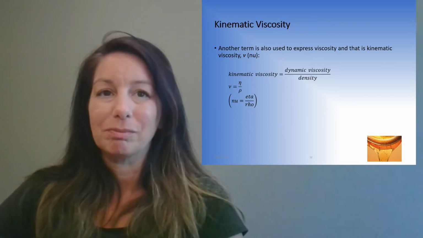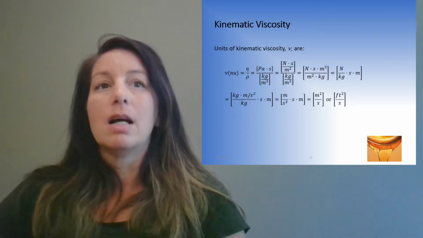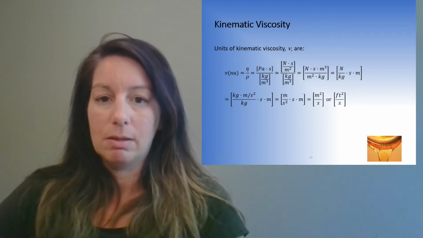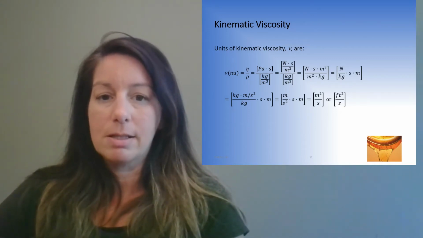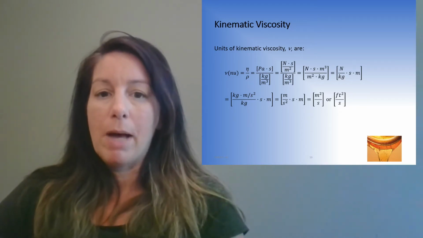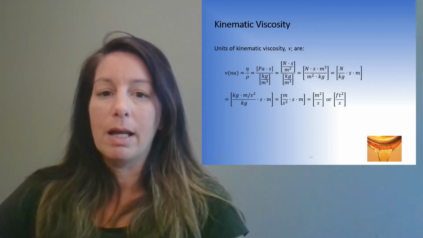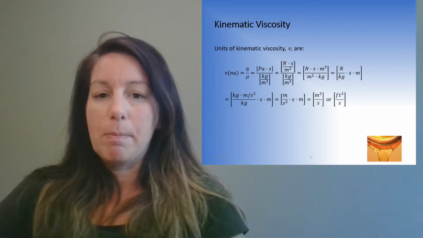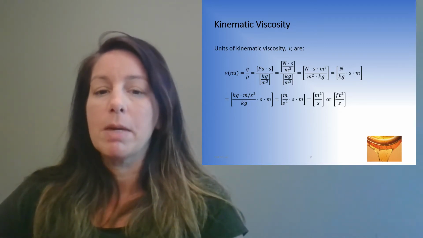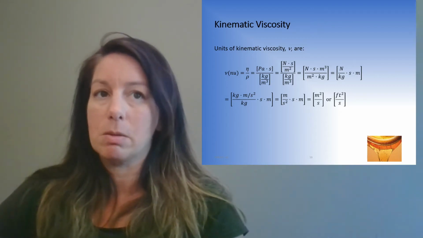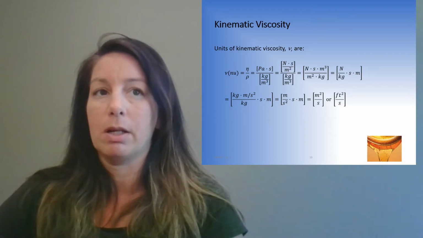So there it is. So the units of this kinematic viscosity, nu, if it is eta over rho, so Pascal seconds divided by kilograms per meter cubed. So what's a Pascal? It's a Newton per meter squared. So we got Newton seconds per meter squared divided by kilograms per meter cubed.